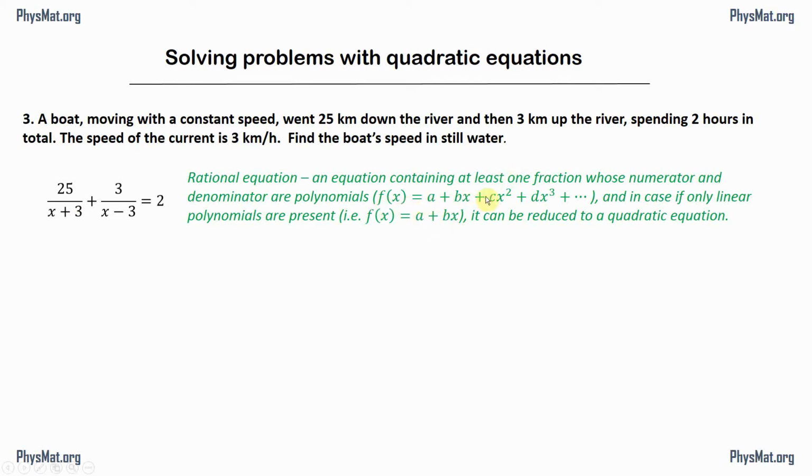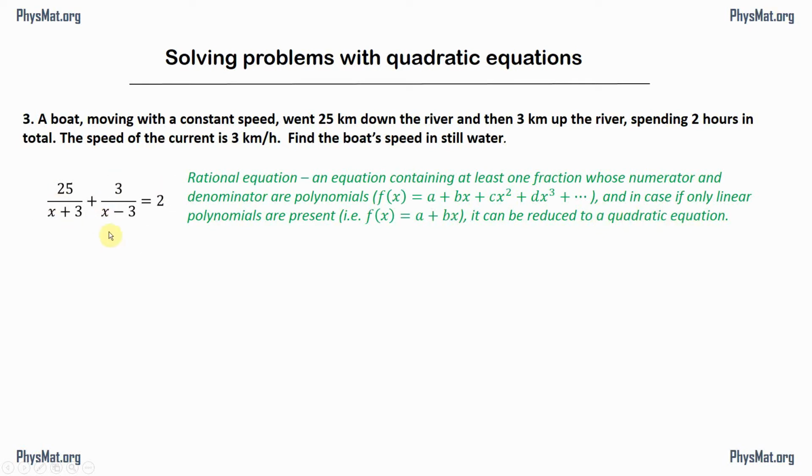We will not discuss polynomials in detail now, but in the case of a linear polynomial, it is a function equal to the free term plus a term proportional to x, which in general can be written as a plus bx. This rational equation can obviously be reduced to a quadratic equation.